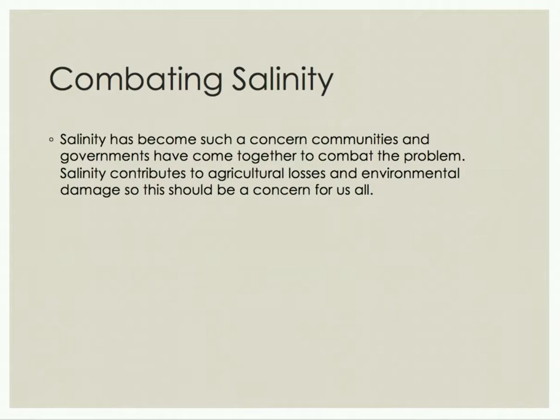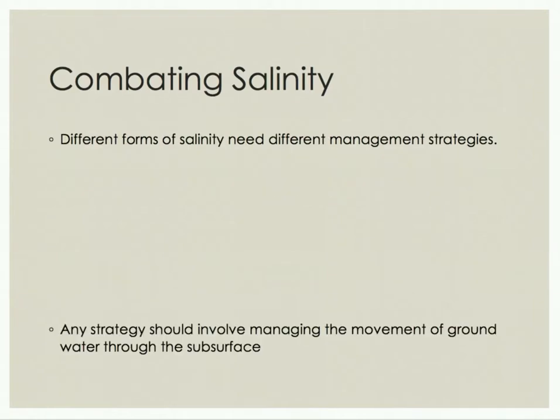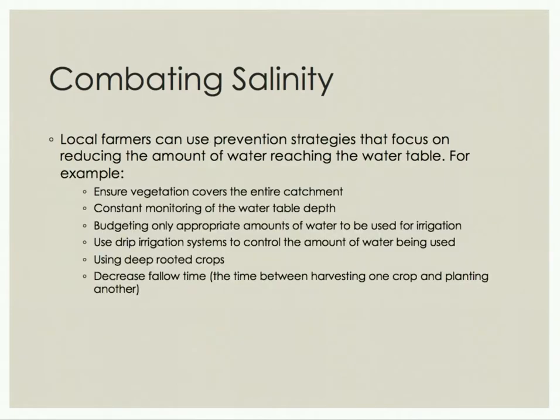So if we look at firstly land clearing, what we really need to think about is how can we affect or reverse the movement of the groundwater which comes from the subsurface to the surface. So we need different strategies.